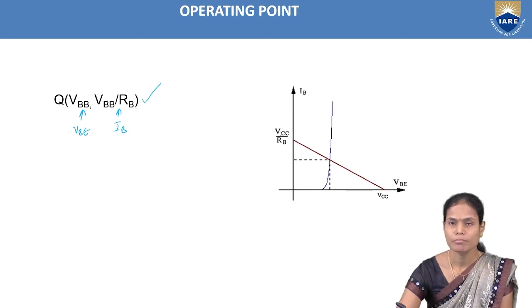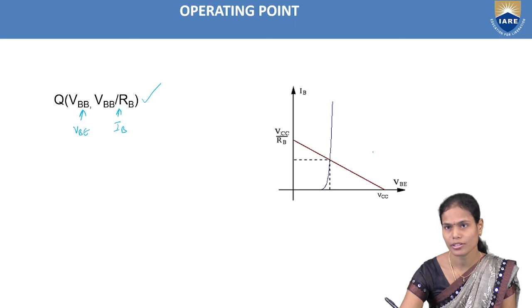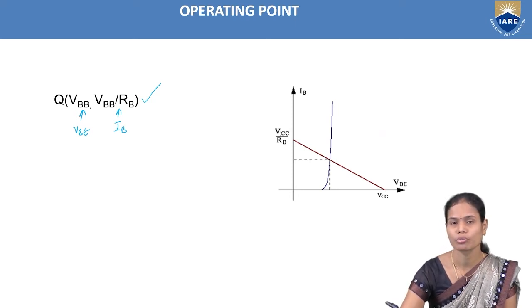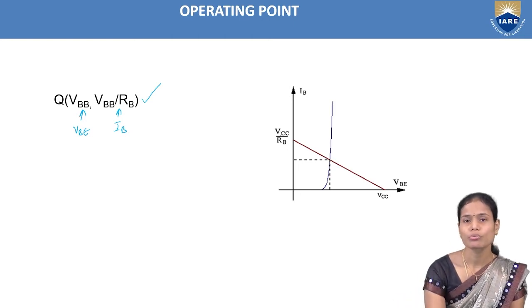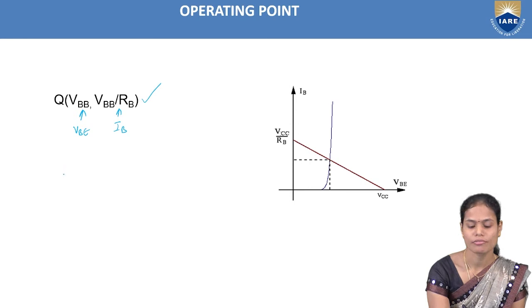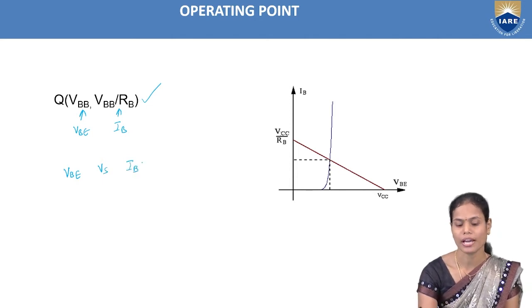Now we indicate this input voltage and input current on the input characteristics of the amplifier. Before that, let us see how to draw the input characteristics. To draw them, we take input voltage versus input current, that is VBE versus IB.